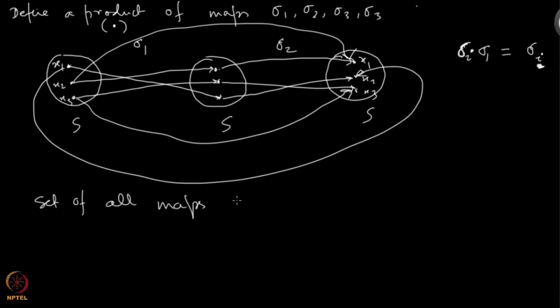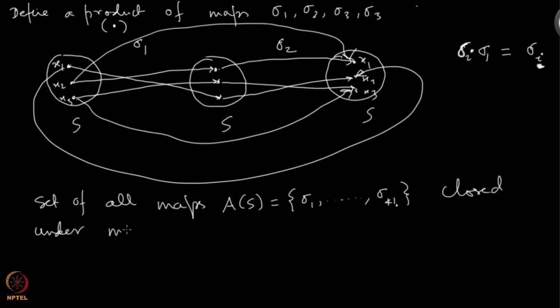Let me call it A, the set of all maps defined on the set S which are 1 to 1 and onto. This set is closed under the multiplication which I have defined.